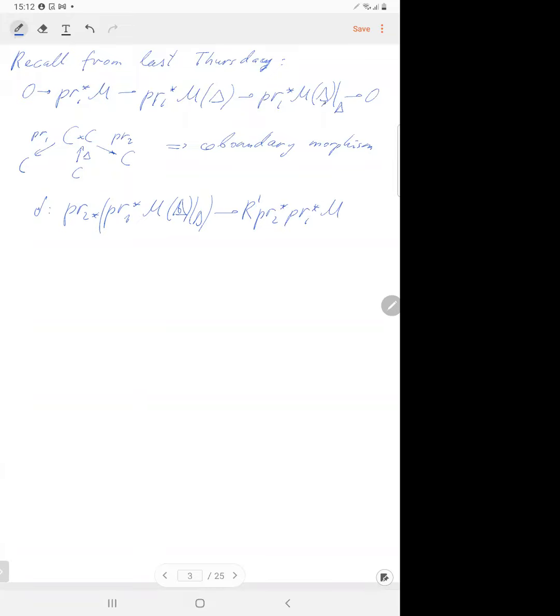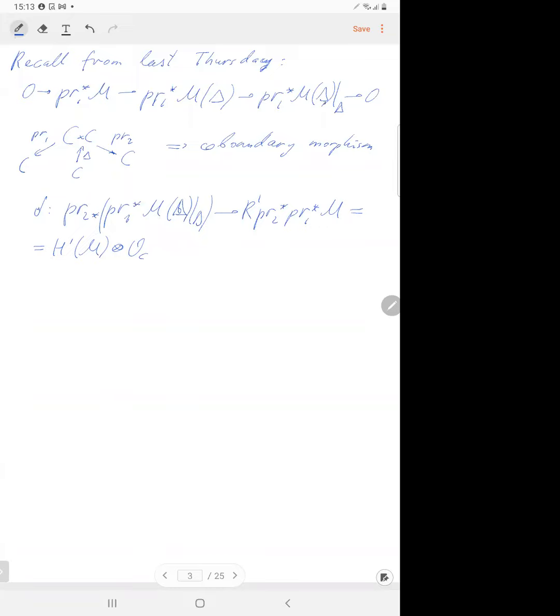Okay, but since it was push-pull, then this is nothing but the first cohomology of M tensor the structure sheaf of C, and we can also compute the left-hand side.